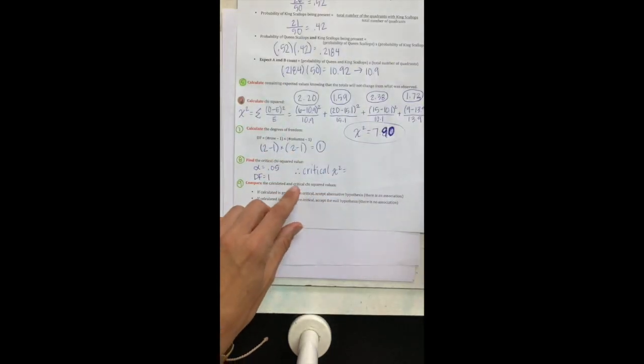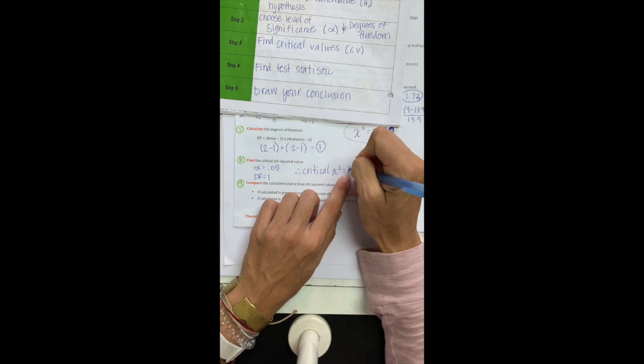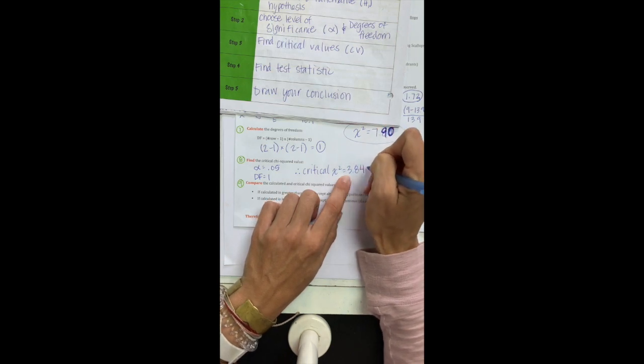Let's go to that 0.05 right there, boom, 3.841. So that is our critical value.